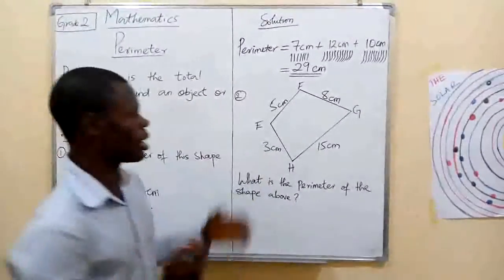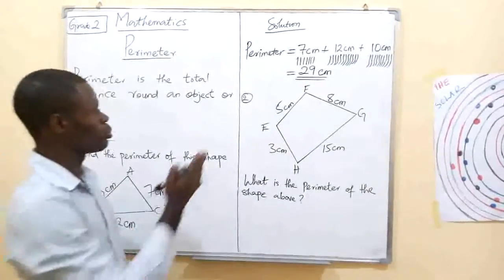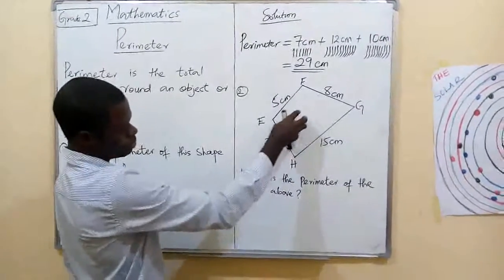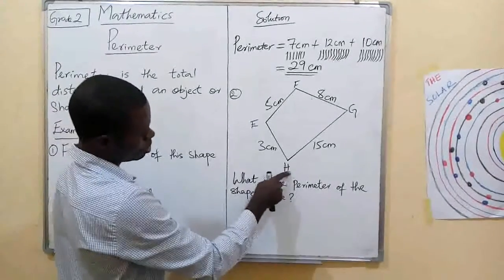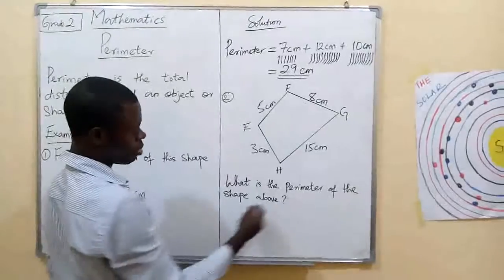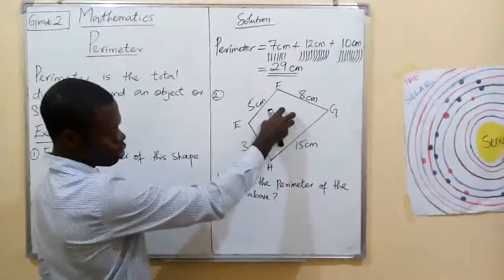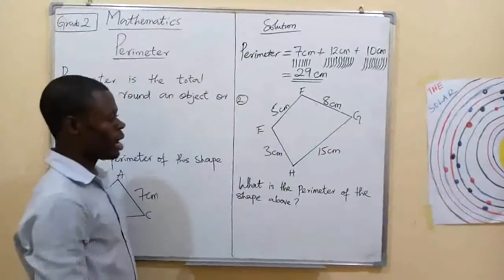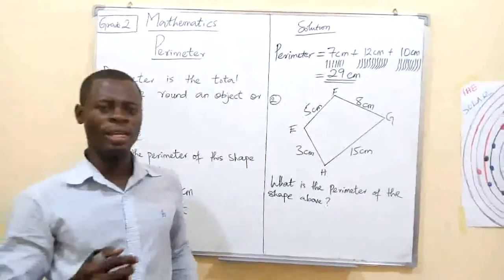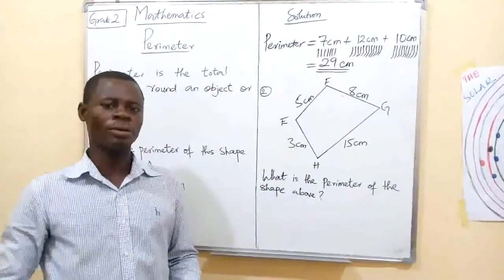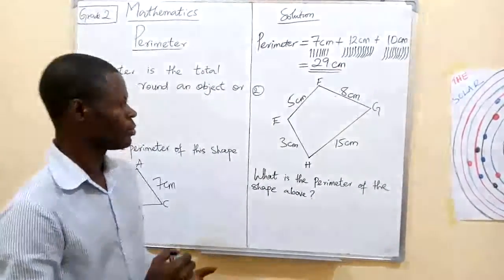Alright, let's look at example 2. You can see the shape here and the question below. What is the perimeter of the shape above? Remember, I told you that perimeter is the total distance around an object or shape.